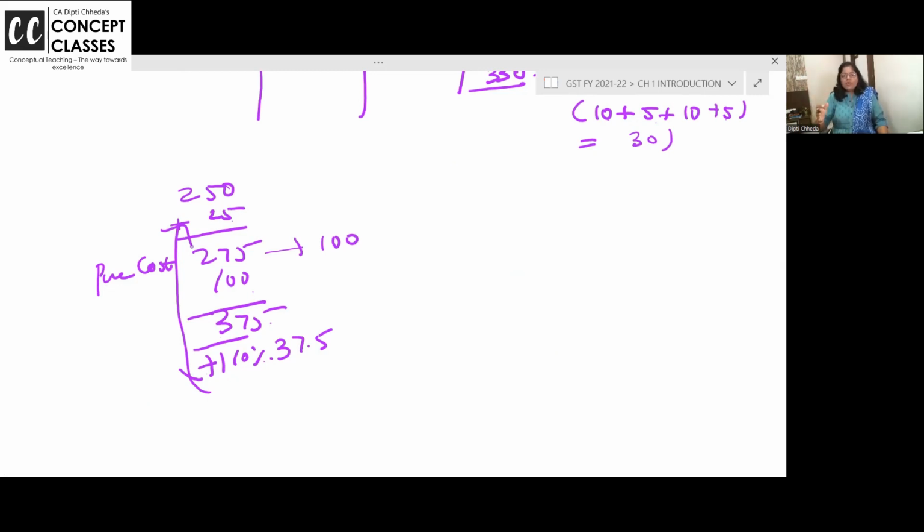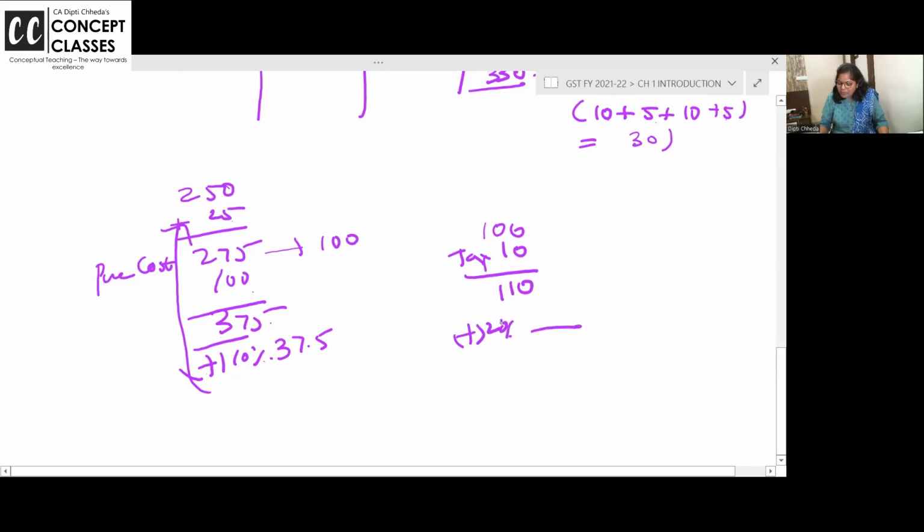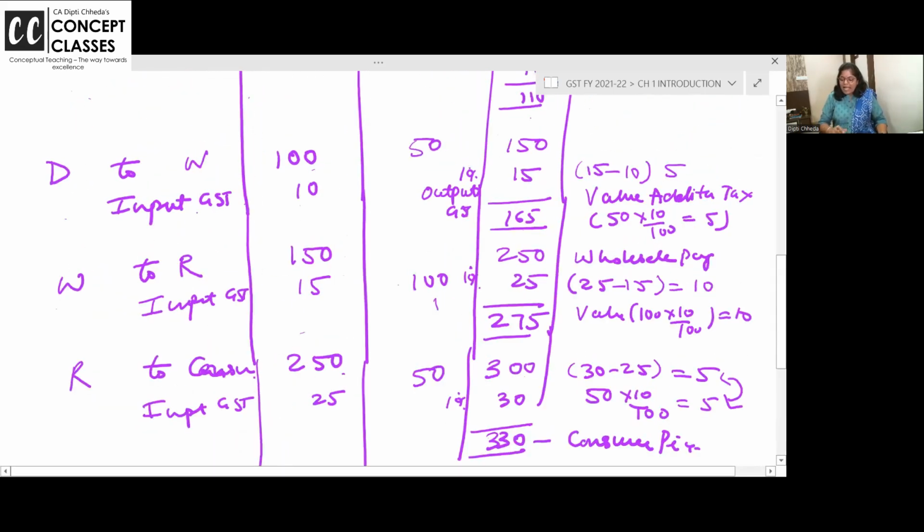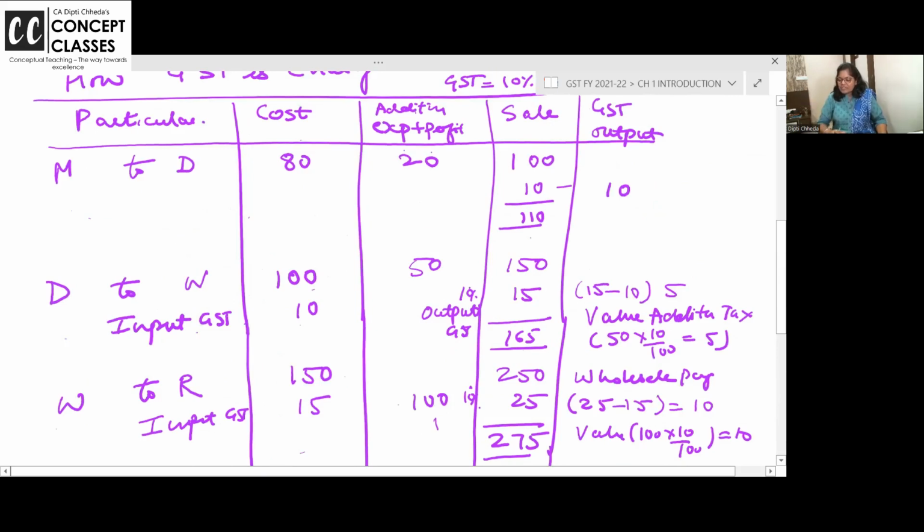When I came to Hyderabad in 2001, APGST came later. Already on 100 I have paid 10 rupees tax. I am getting it in 110. Again on this I am paying 20% tax. So when I pay 20% on 110, I am paying 20% on 100 and 20% on tax. When you are paying tax on tax, it is called the cascading effect, which is not there in GST. And everyone is doing their value addition and paying the tax.